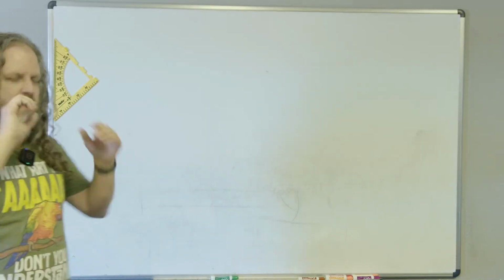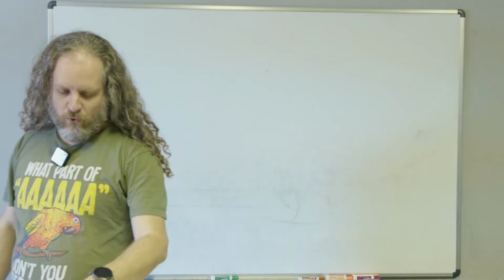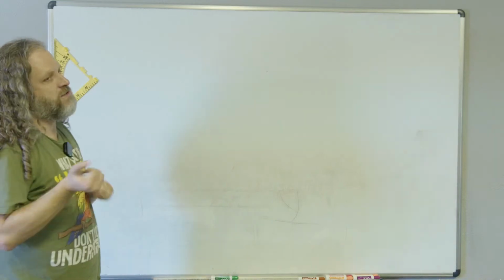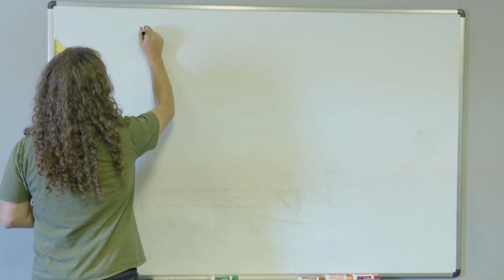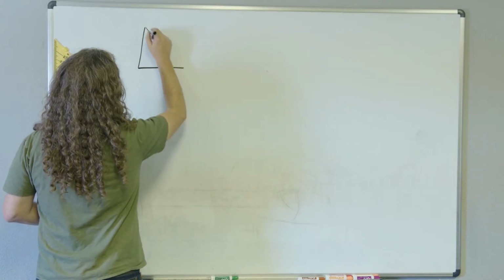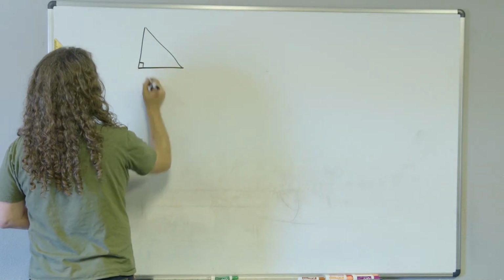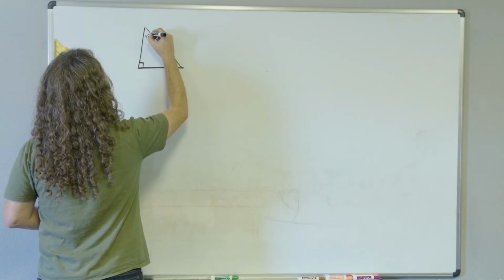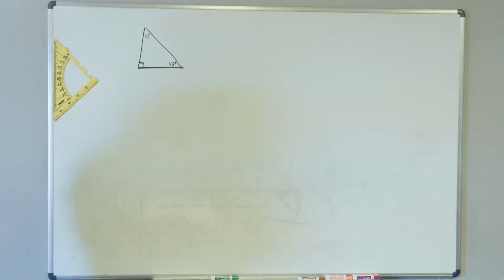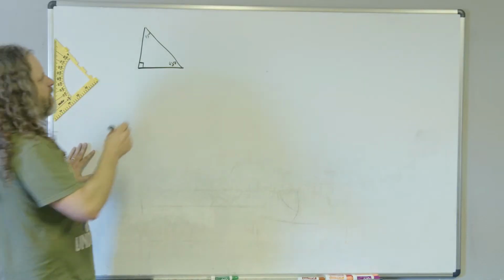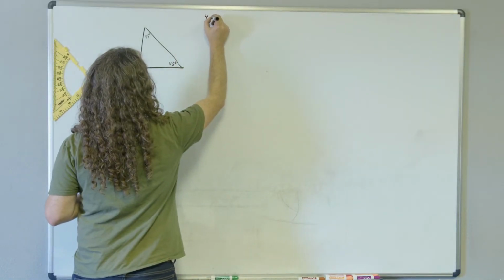They're quite special. So one of the special triangles is the 45, 45, 90. Special for obvious reasons, right? Because it's isosceles. Okay, so 45, 45, 90 degrees is our first special right triangle.